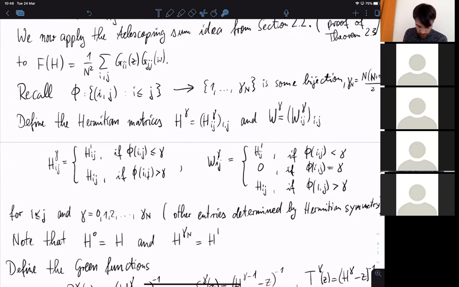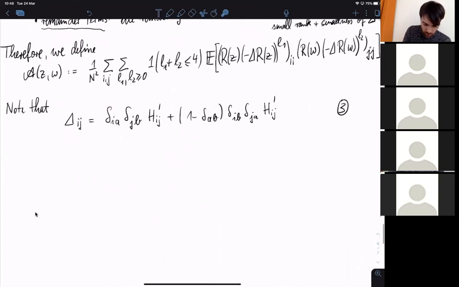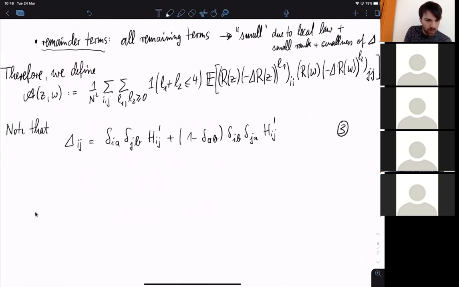So these two matrices only differ by one entry, namely when the pair ij is equal to gamma, and this is actually what the A and B are supposed to mean here. If A and B are chosen such that phi of AB is equal to gamma, that's the only entry where they differ.